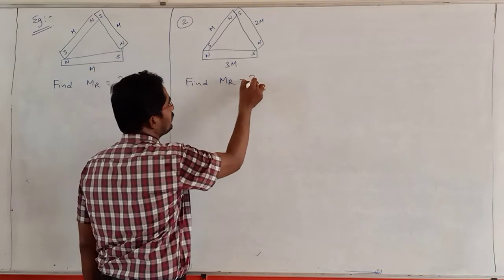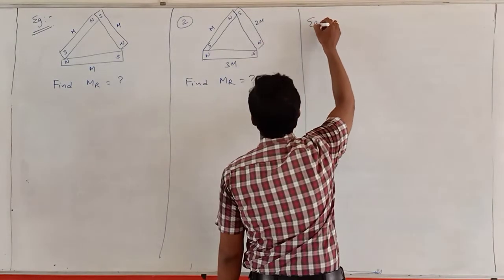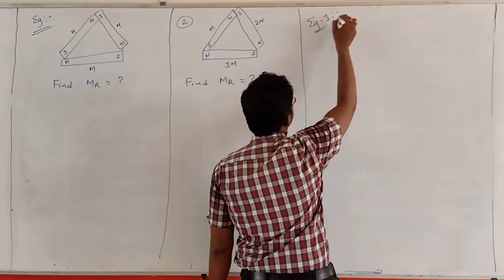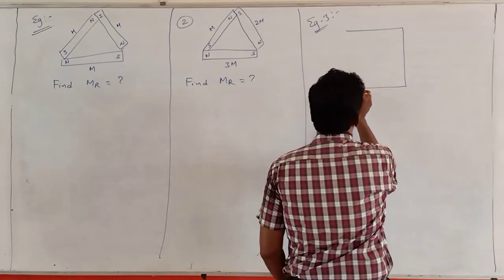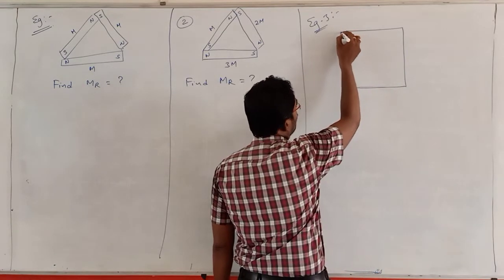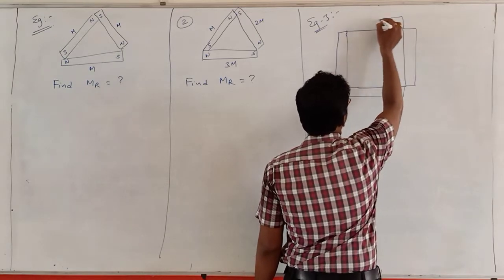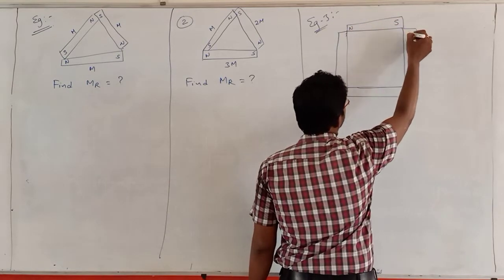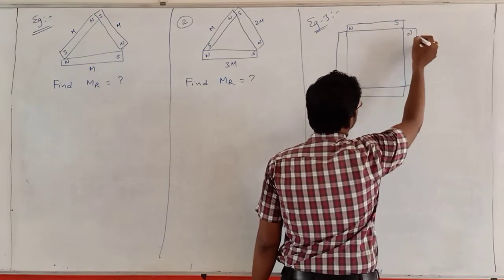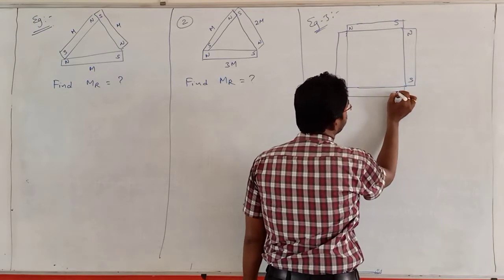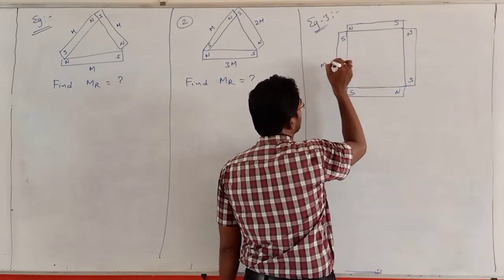This is one problem. And the next problem: there is a square here formed by four magnets. They are also unlike poles in contact here. All are of the same moments.